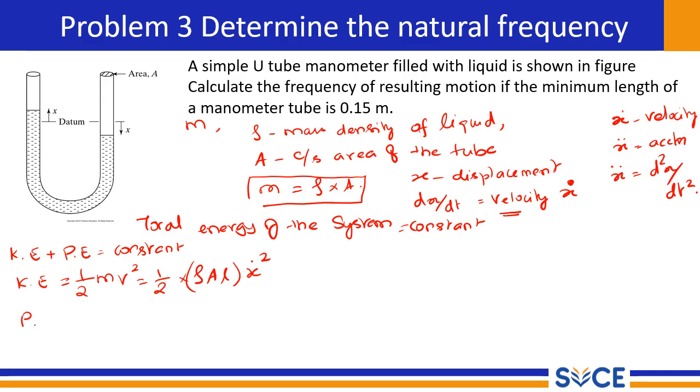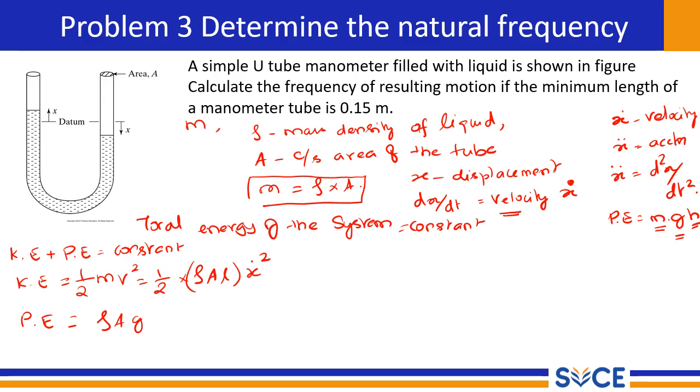Potential energy is written in the form of m g h. So we have to substitute the mass. Then g is the gravity and h, for different types of problem, is the height.